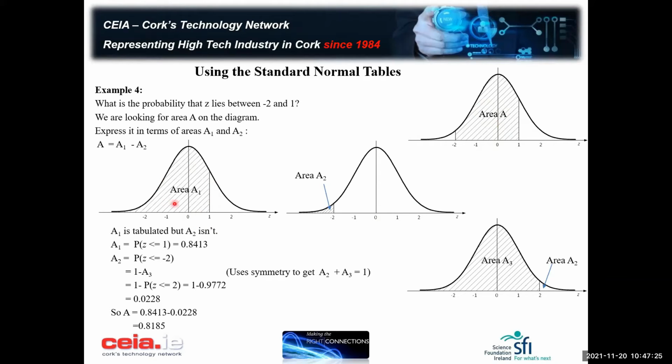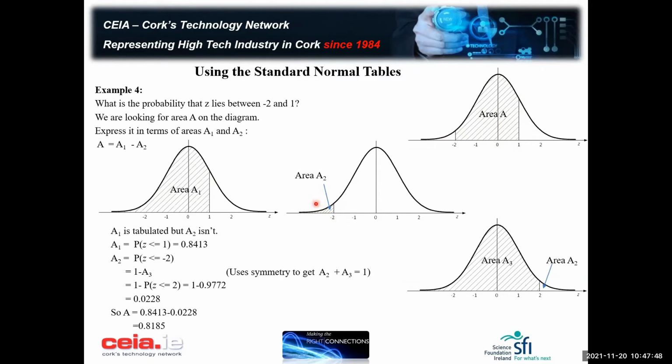It's area A1 minus area A2, where area A1 is the curve up as far as here, and area A2 is the curve up as far as here. But unfortunately, area A2 isn't tabulated because it's a negative value of Z.